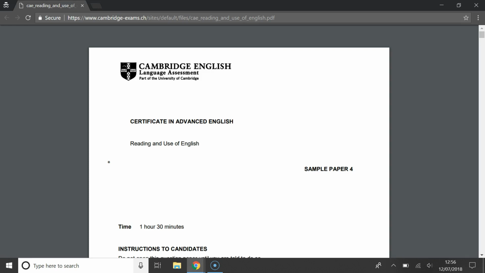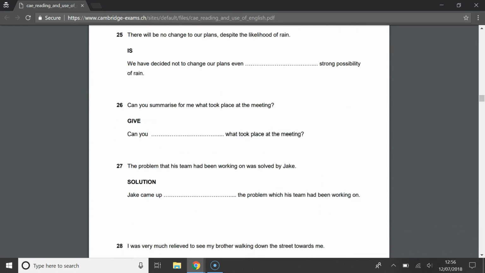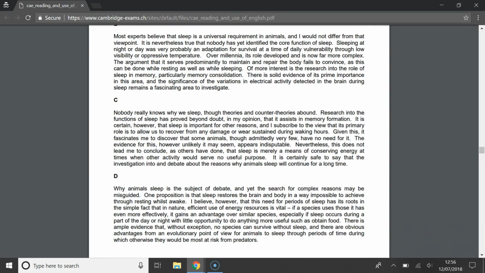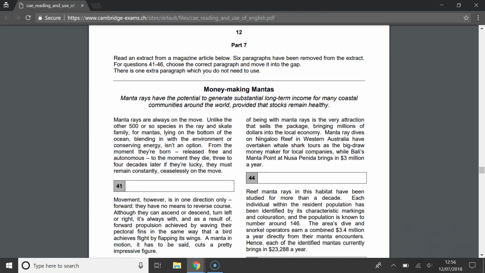And that will open up a document which looks like this. And then what we need to do is to scroll down to page 12, part 7.